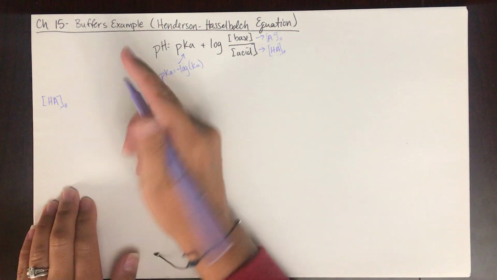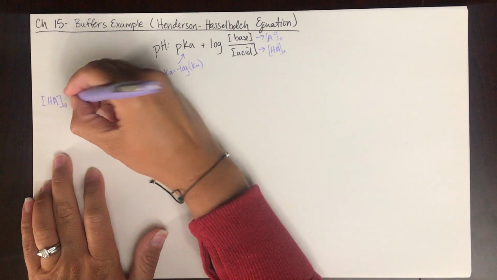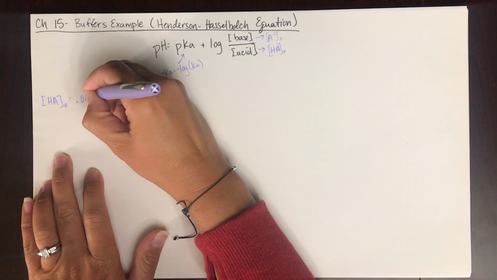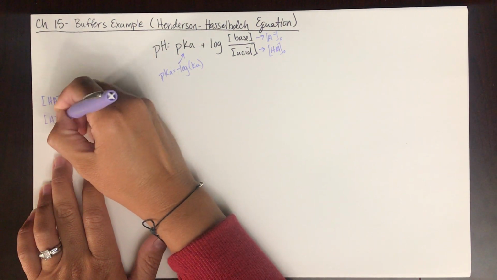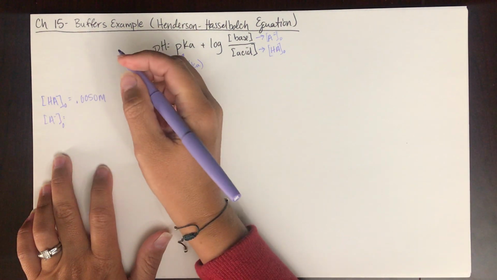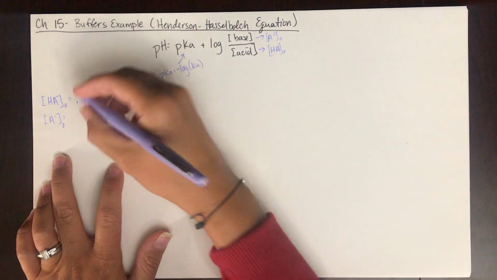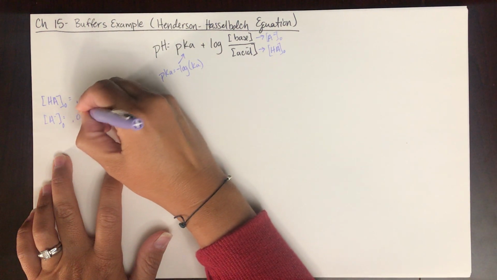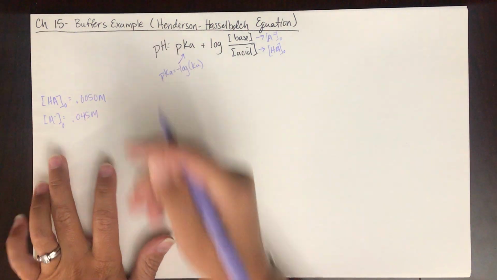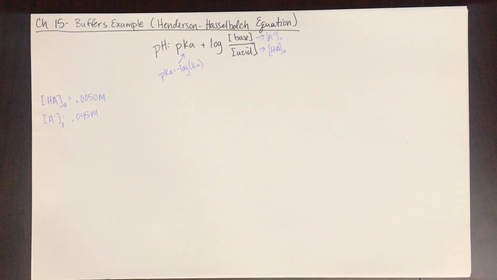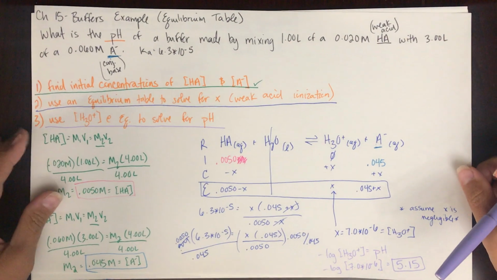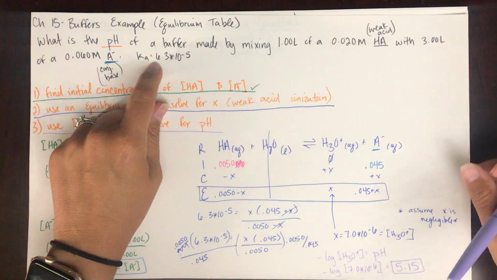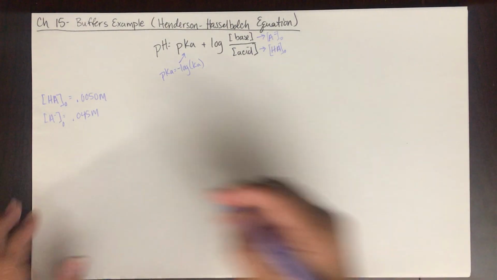The initial concentration of our weak acid we calculated to be 0.0050 molar, and the initial concentration of the weak base, the conjugate base, we calculated to be 0.045 molar. Once we have these, that's where they're going to go, and we're also given the Ka in the problem that we did before. The Ka was 6.3 times 10 to the negative 5.